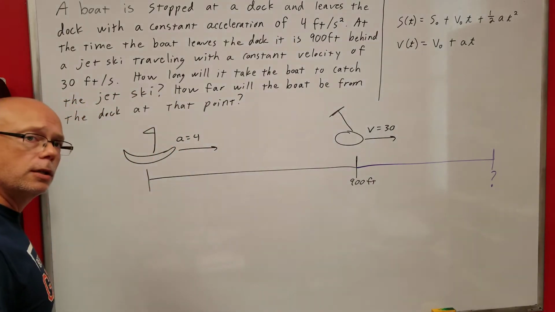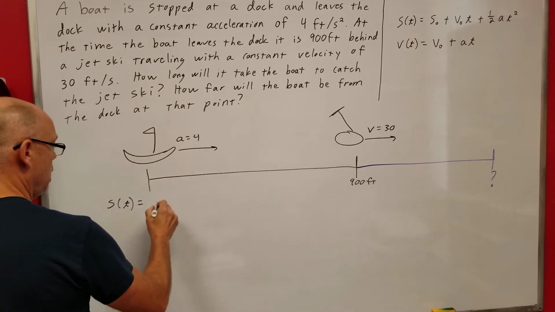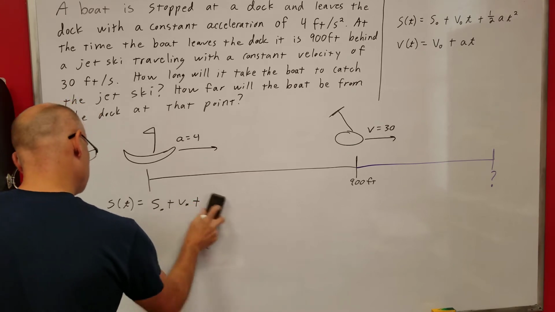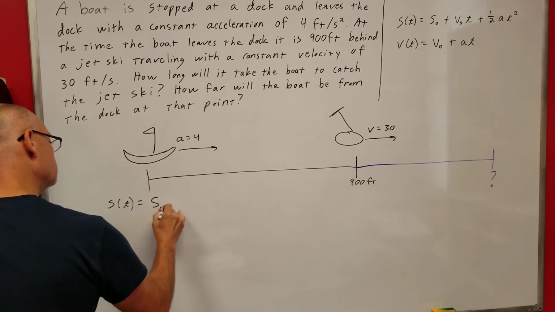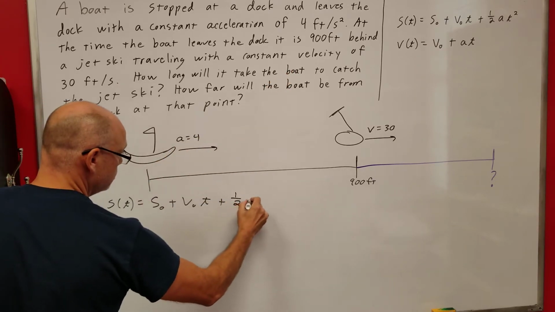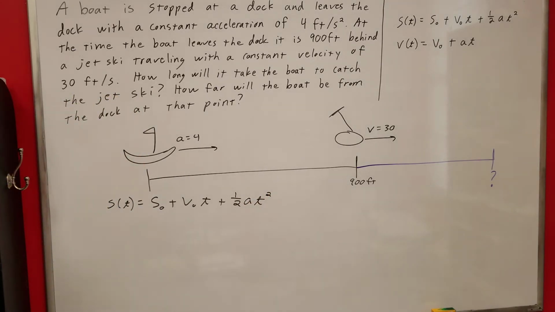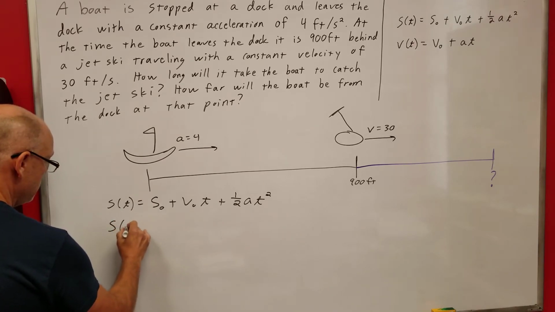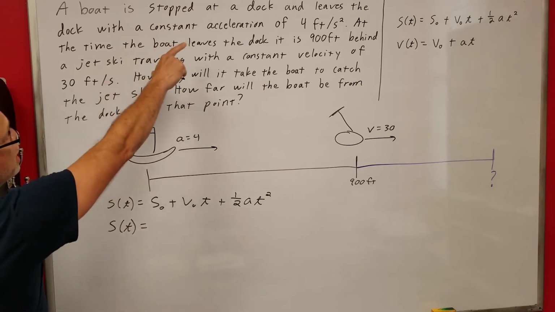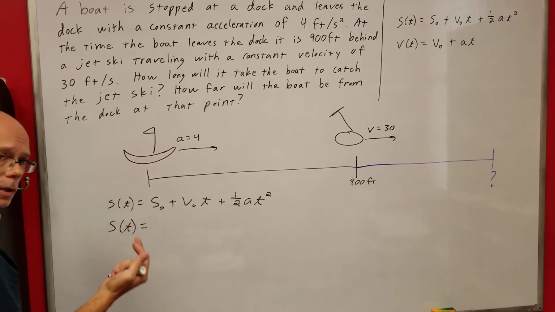Well, let's set up a position function for my boat, okay? So S of t is equal to S naught plus V naught times t plus 1/2 A times t squared, right? All right, let's see. For my boat then, my position function is going to be S subscript of 0. Well, what does it talk about? The boat is stopped at a dock and leaves the dock with an acceleration of 4 feet per second squared.